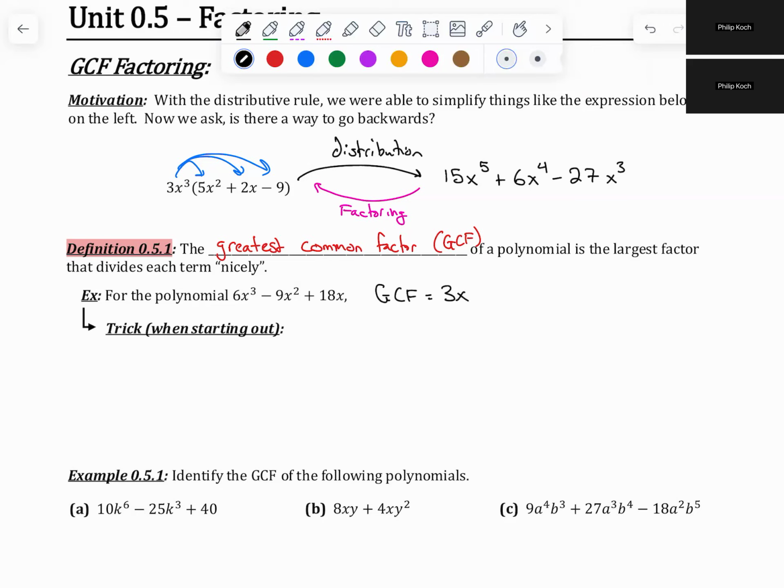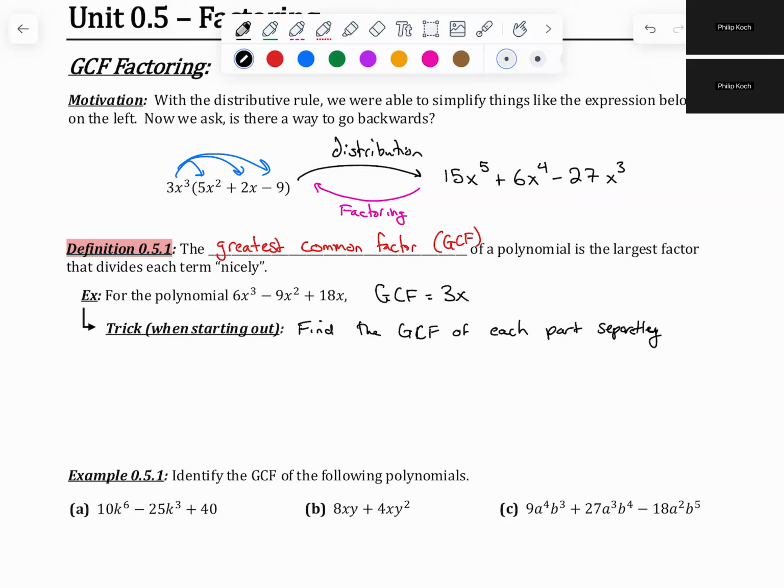When you're starting out, the trick is to find the GCF of each part of all the terms separately. So find the number portion, then the x portion. If there are more variables, find that one next, and so on.